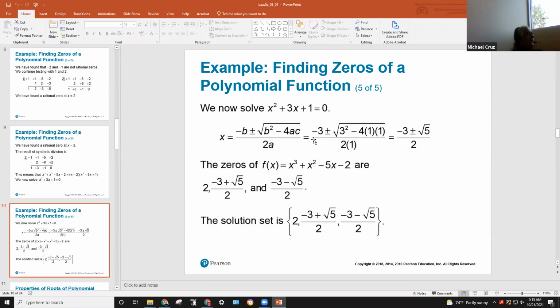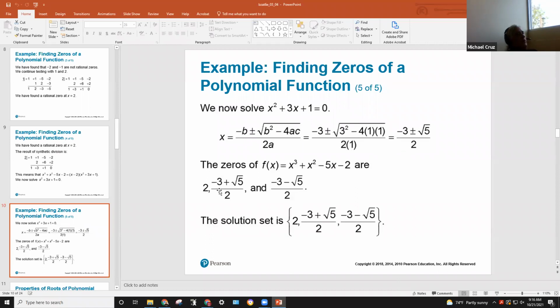You can use that, but usually the quadratic formula is the easiest one. -3 plus or minus the square root of 3 squared, minus 4 times 1 times 1, all over 2 times 1. And once you simplify it down, it's -3 plus or minus the square root of 5 over 2.